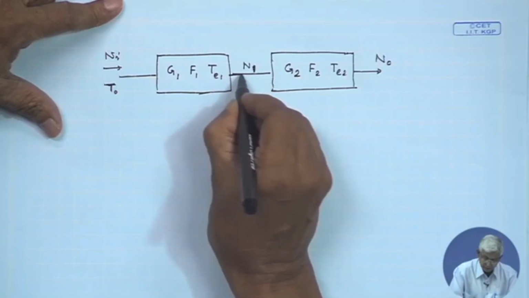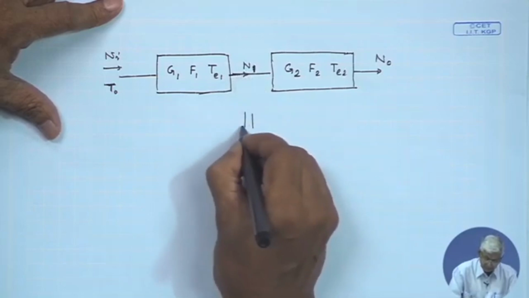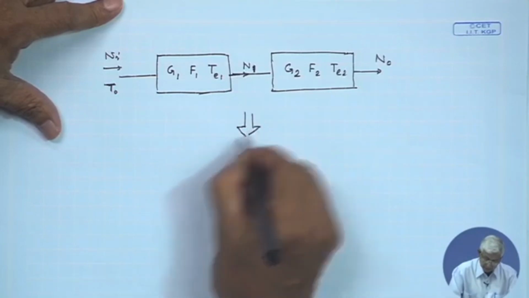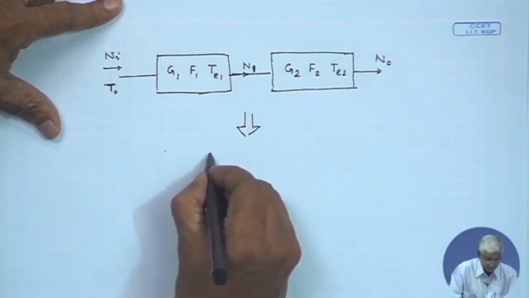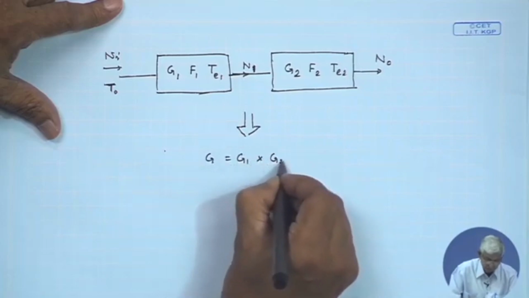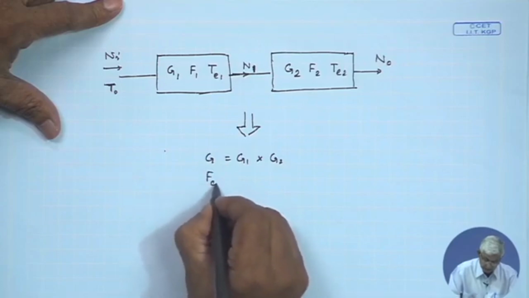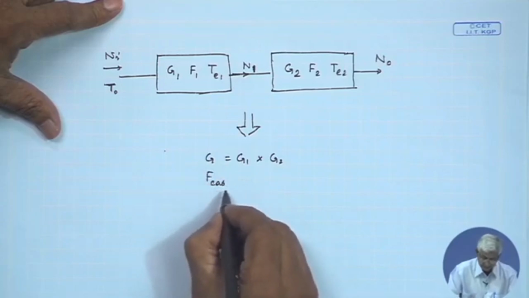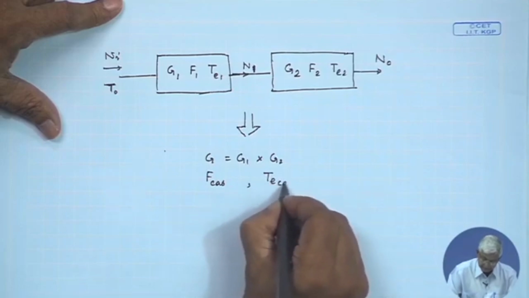Let us say this whole thing we can put as one single equivalent unit which has a gain of G1 into G2, a noise figure which we call F cascade, and an effective noise temperature TE cascade.